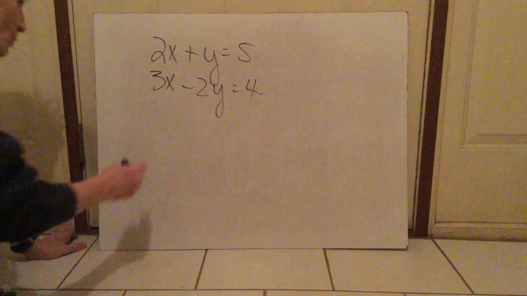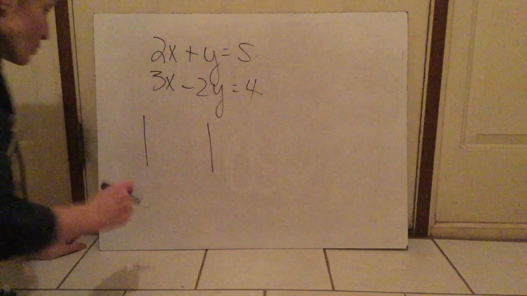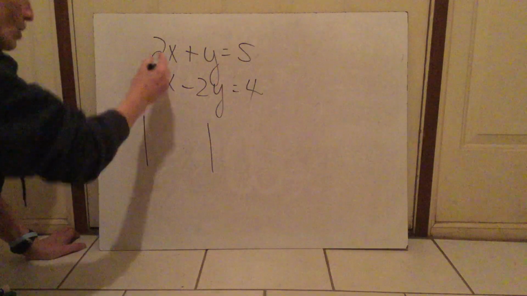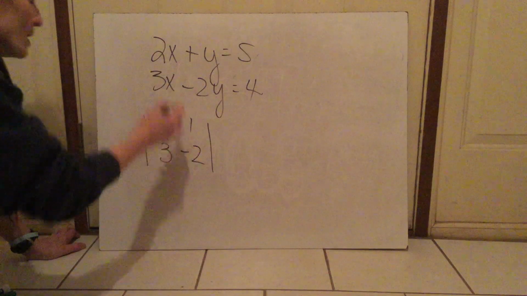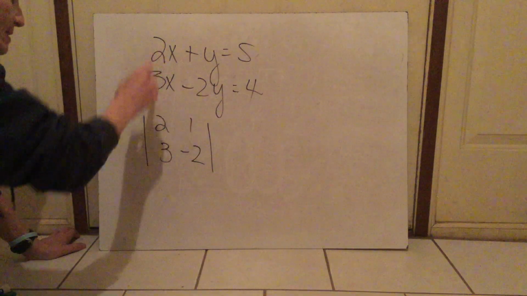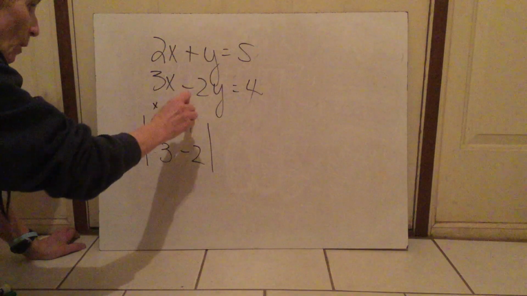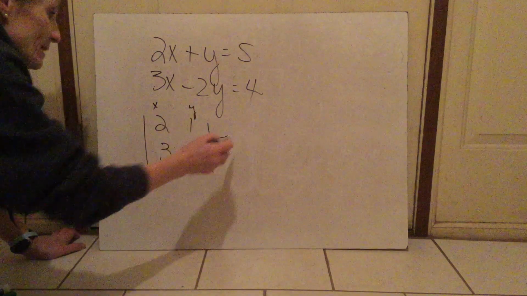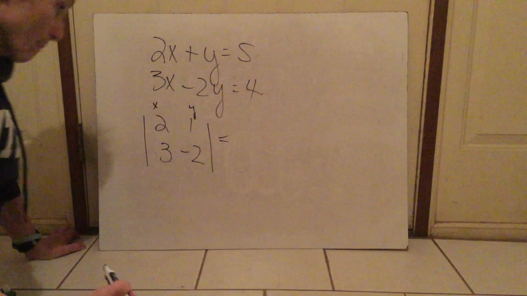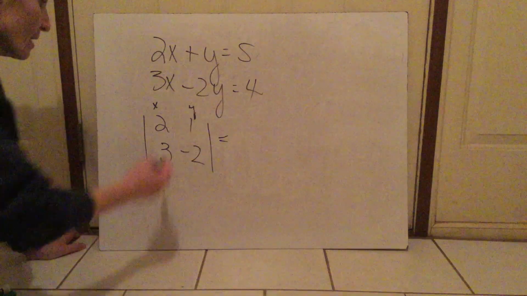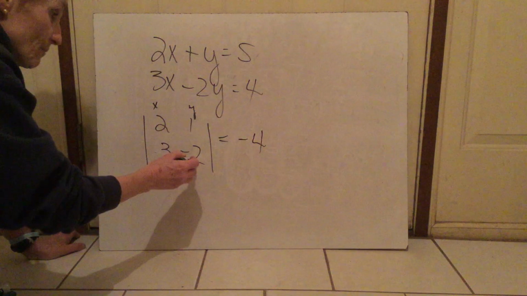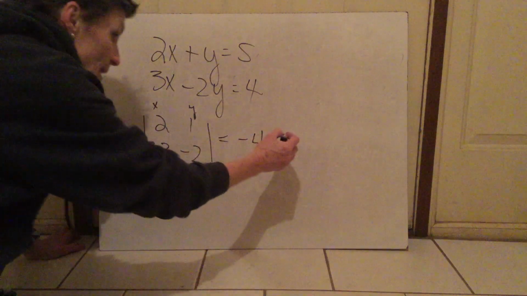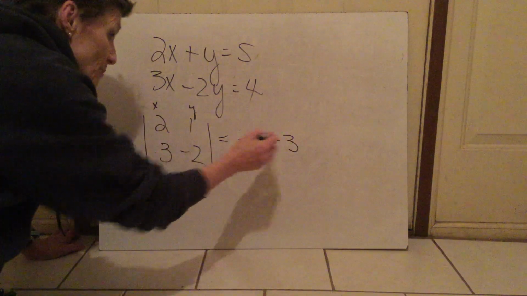So remember, Cramer's rule is the method where you start with the determinant of the coefficients. So 2, 1, 3, negative 2. So I'm starting with my x's. These are my x's. These are my y's. And I'm going to evaluate that determinant. To evaluate it, we multiply here. So 2 times negative 2 is negative 4, and then 3 times 1, and then we subtract those.